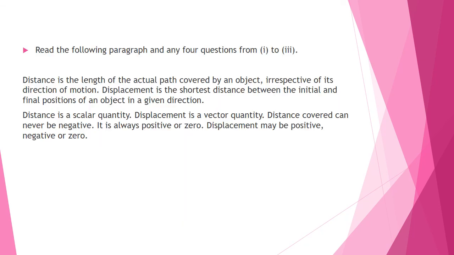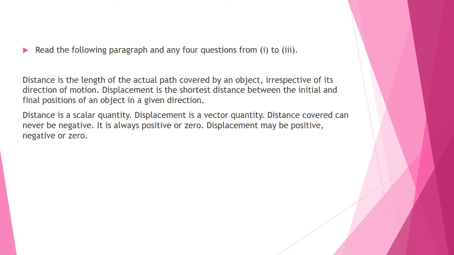So now we can discuss some questions based on this. Here one paragraph is given. You have to read that paragraph and try to answer the questions given. Okay, these questions are very easy, only what we learned already. Distance is the length or actual path traveled covered by an object irrespective of its direction of motion.